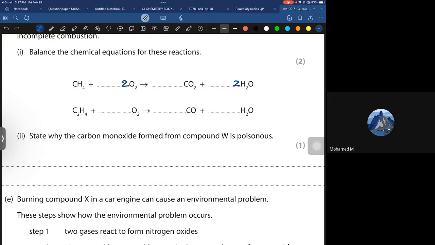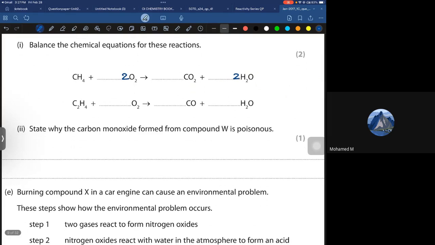How can you balance the second equation? C2H4. If we have one carbon on the other side and there are two there, we need to add a two in front of the CO. Then we have two oxygens, two carbons, and then we need to add another two there.